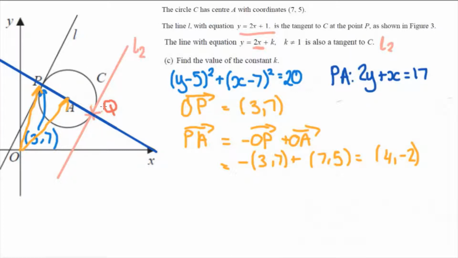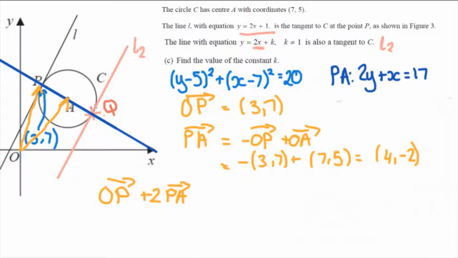Okay, so to get to this point here, Q, what we can do is we start from the coordinate P and we go down PA, which is this vector here. But then to get here, we just apply the same vector again. Essentially what I'm saying is we need to do OP plus 2PA.